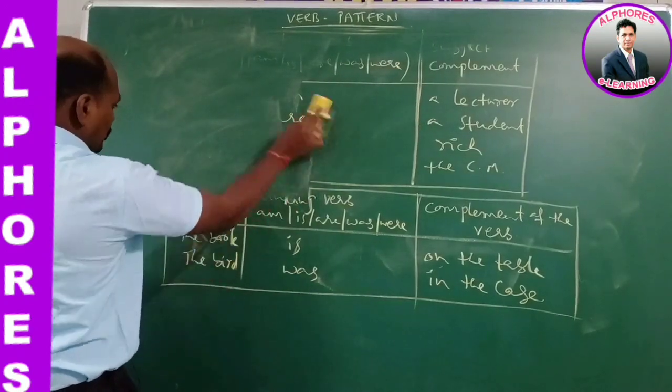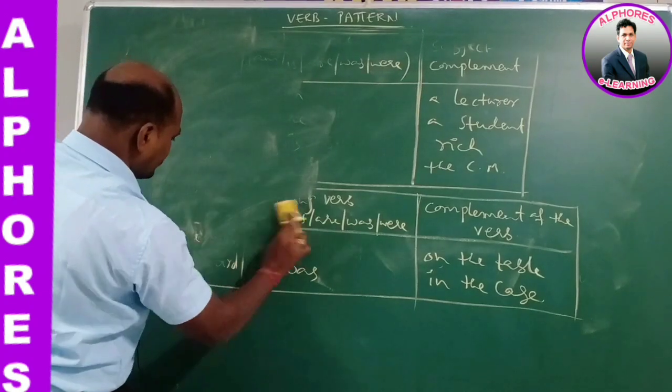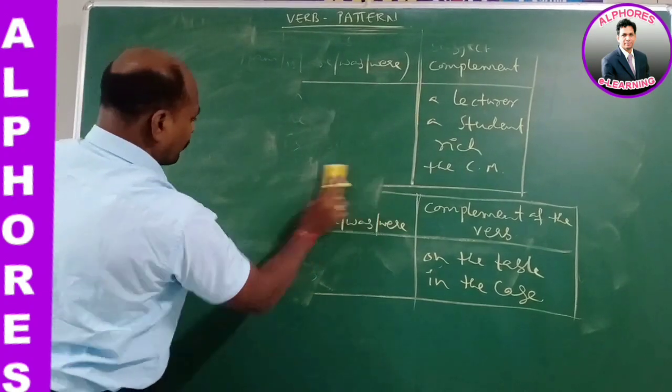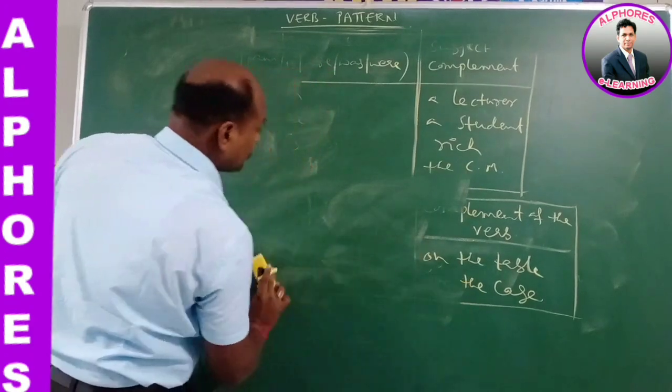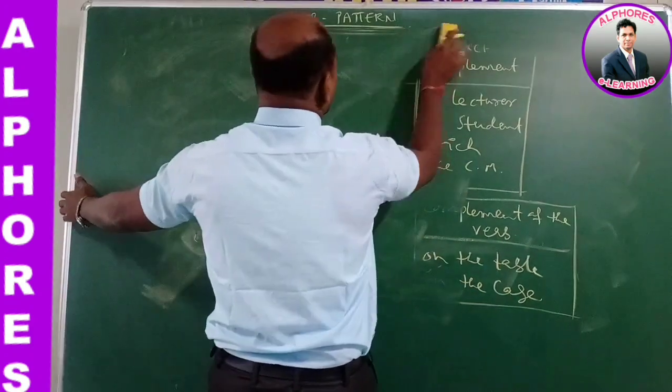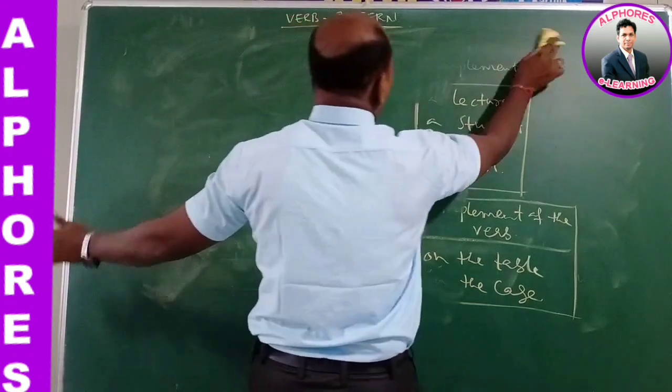Whenever we go for object complement, we never need these linking verbs called B forms, am, is, are, was, were, because the text plays clearly about the object.